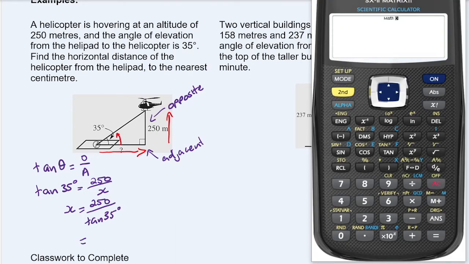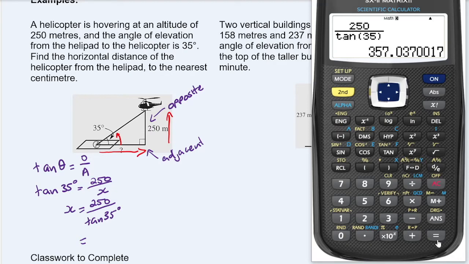We want to go 250 over tan 35, close off our bracket, equals, and we get 357. But we want that to the nearest centimetre.